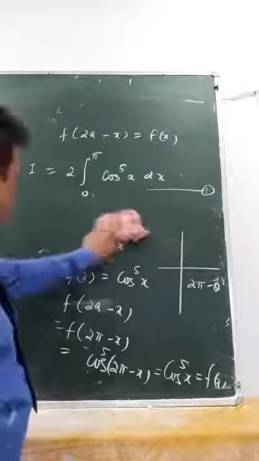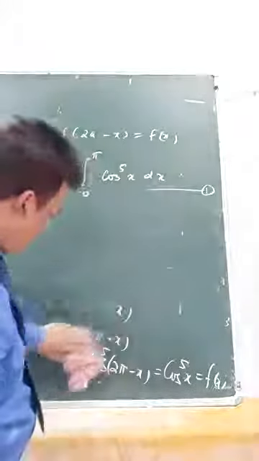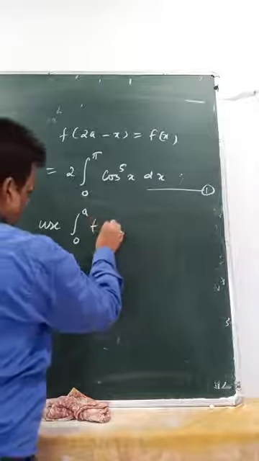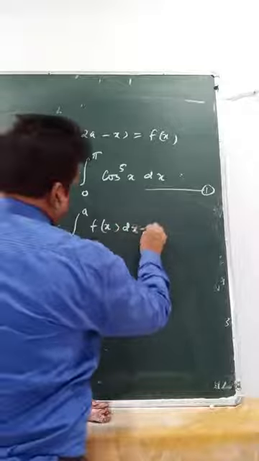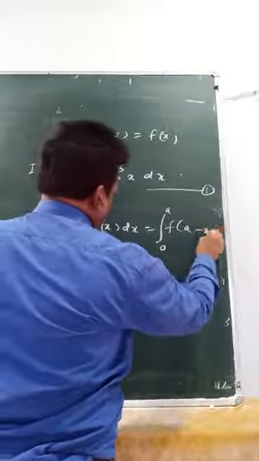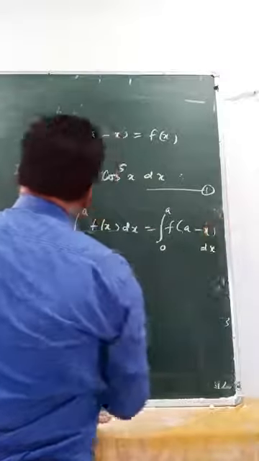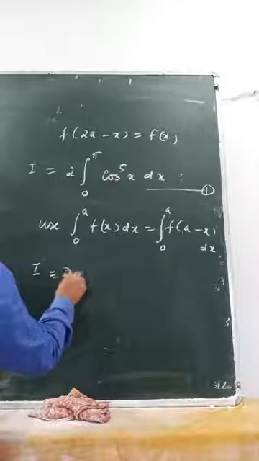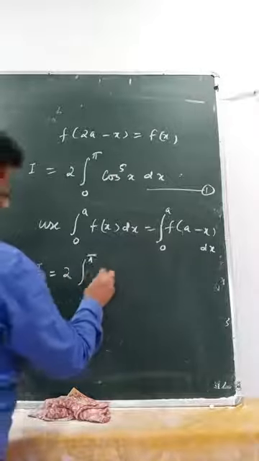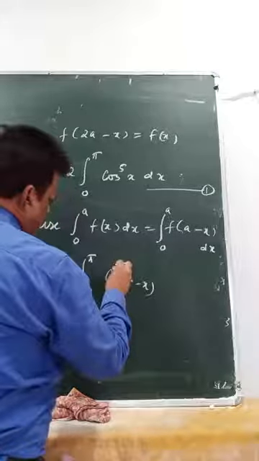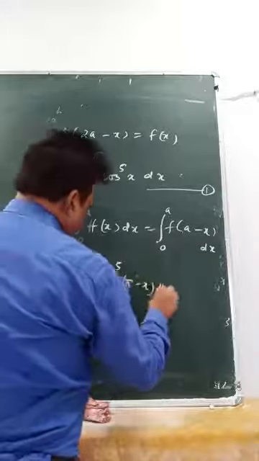What is property number 1? Use 0 to a f(x) dx equals 0 to a f of a minus x dx. So I equals 2 times 0 to pi cos pi minus x power 50 dx.